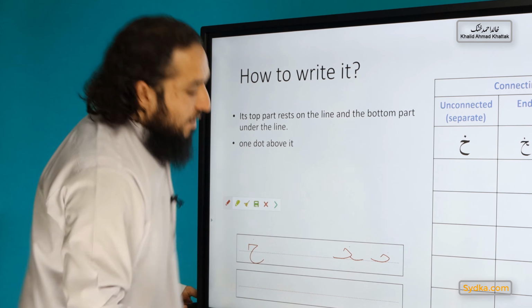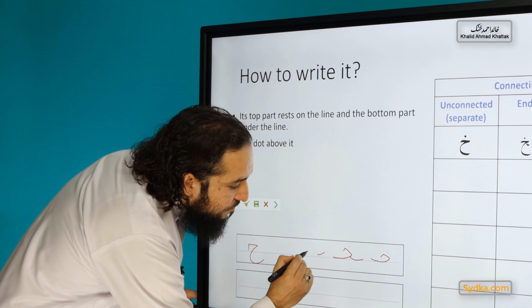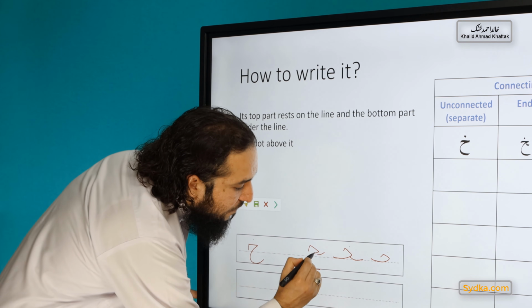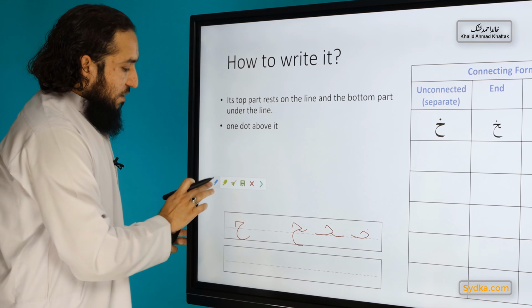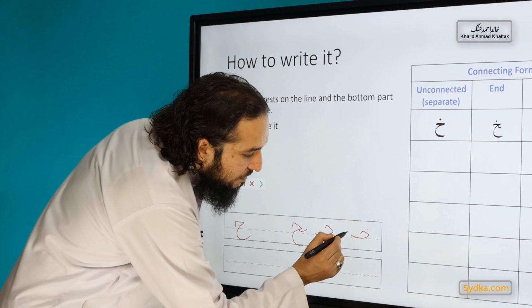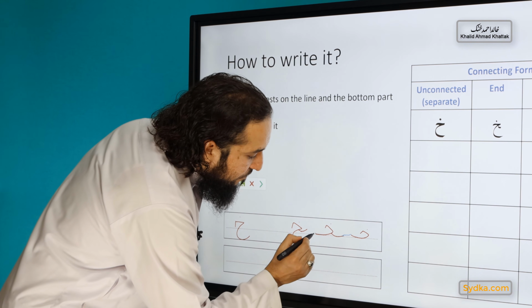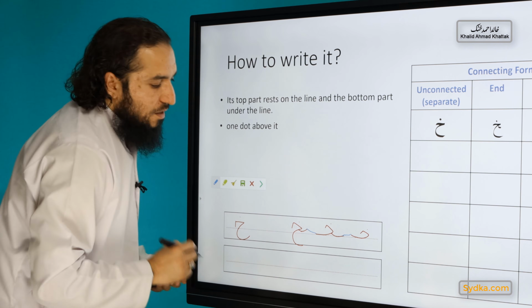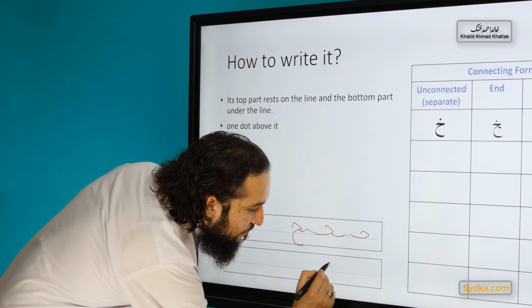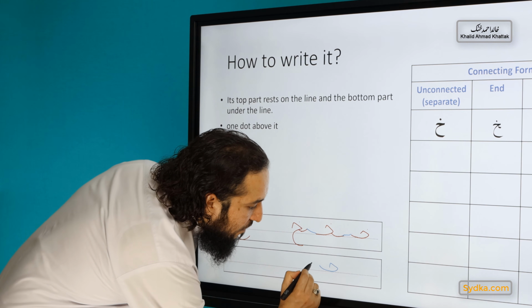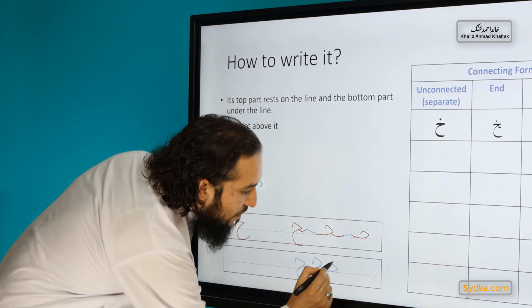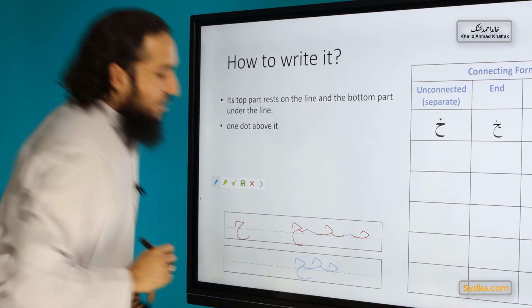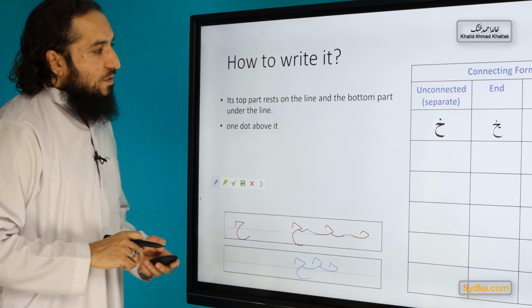If it is written at the end, like this. Can we connect them? Yes, because it is a connector. So you can connect this one and that one. Let me write it down again. That's how it is written.